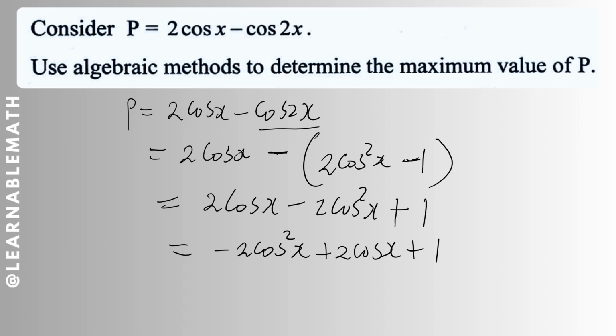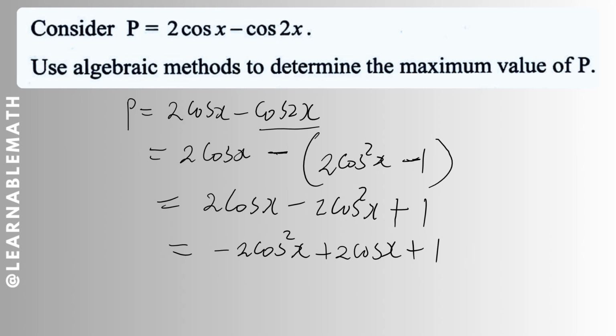So how can I use algebraic method to find the maximum value? If you look at this expression carefully, you realize that it's giving you some sort of quadratic function vibes, right?